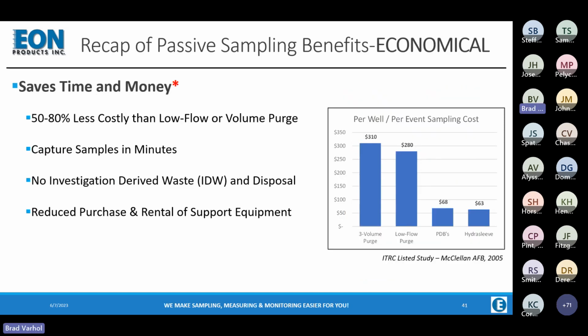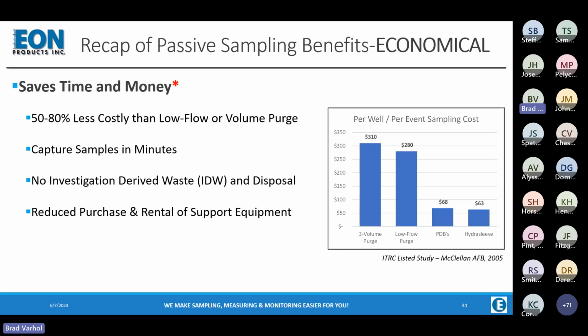There's economical benefits. I won't go over my speech about why I think it's important, but a study conducted at McClelland in 2005 compared low flow, 3-volume purge, PDBs, and hydrosleeves, and their conclusion was that it cost about $300 a sample for a volume purge method or low flow, and it costs about $65 a sample for PDBs and hydrosleeves. That was in 2005 dollars.